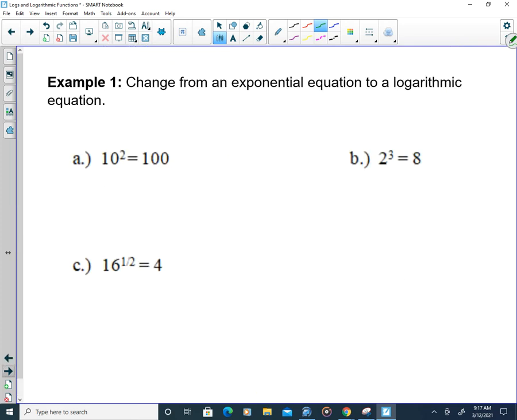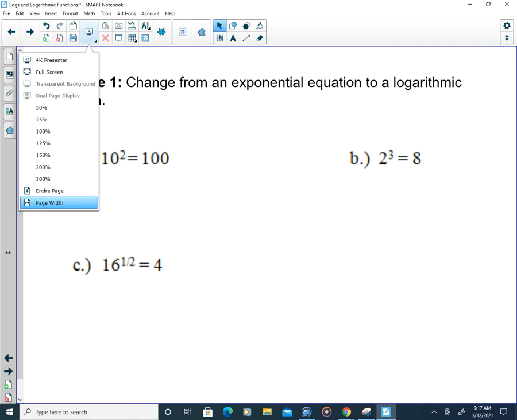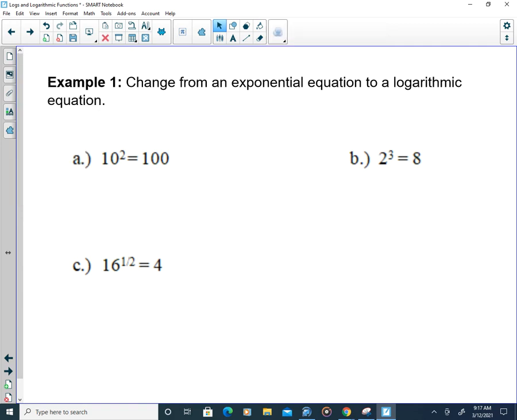All right, so now let's look at an example here. Here's example 1. These problems are already solved. Bear with me here. This board is not working for me for some reason.